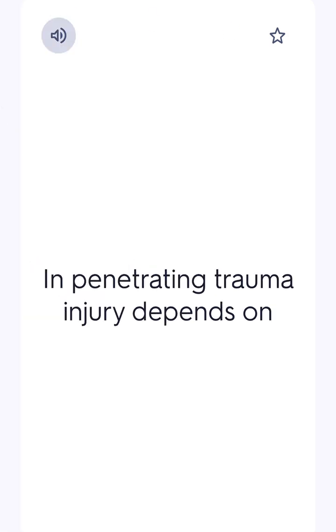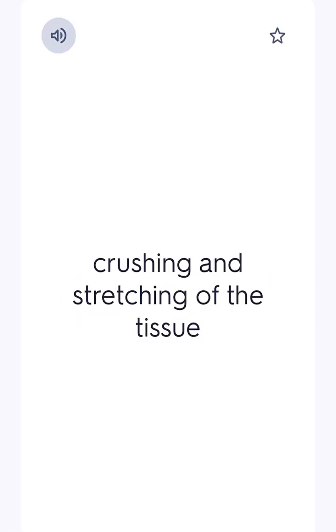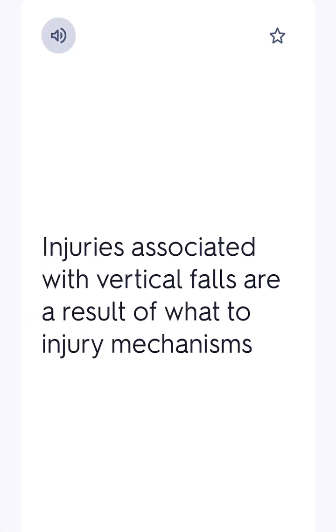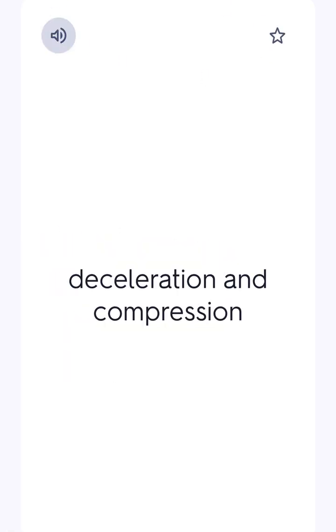In penetrating trauma, injury depends on crushing and stretching of the tissue. Injuries associated with vertical falls are a result of what two injury mechanisms? Deceleration and compression.